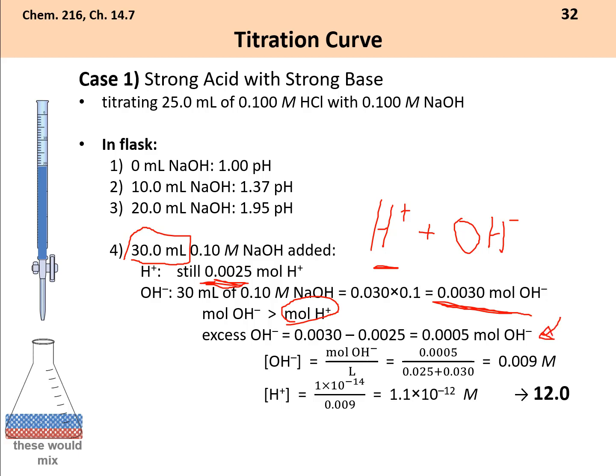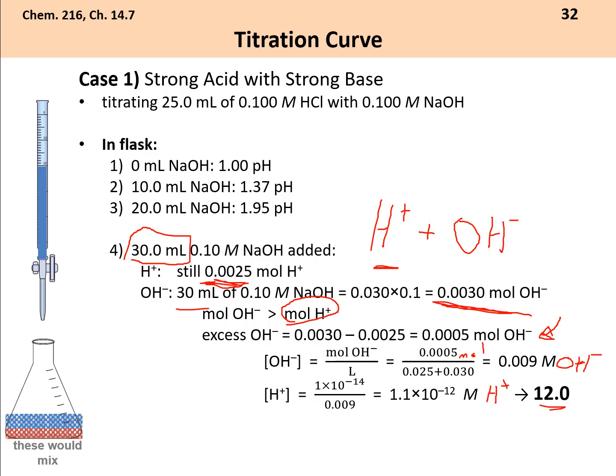I didn't do this in an ice table, but I could do it the exact same way. I take my moles of OH-, and I divide by the new volume, which is 25 plus 30 mLs. I get my molarity of OH-. I can then use that to figure out my molarity of H+, and from that I can get my pH.